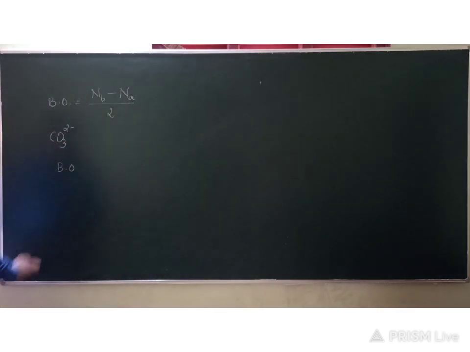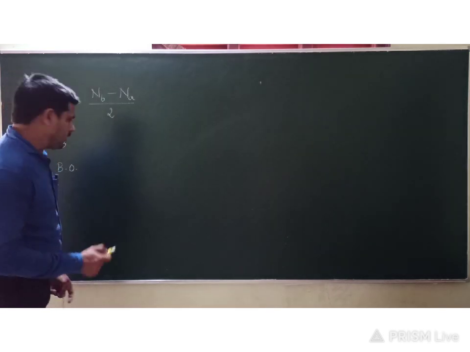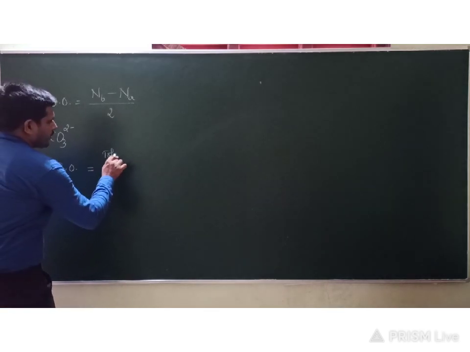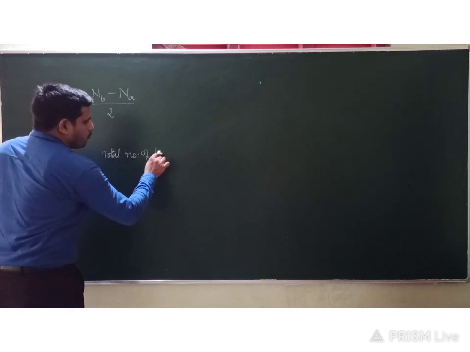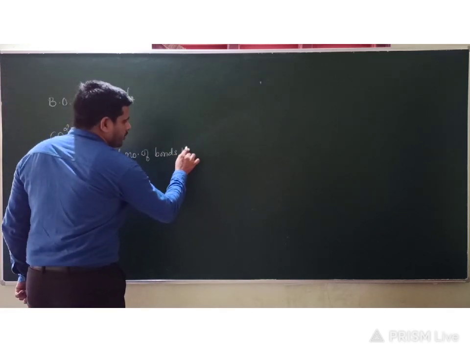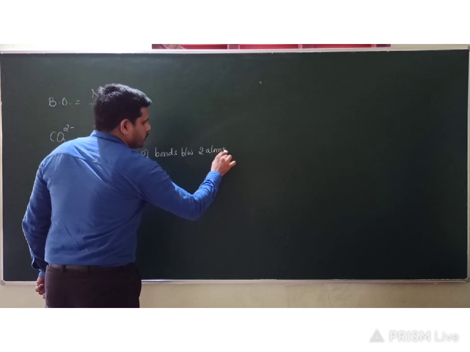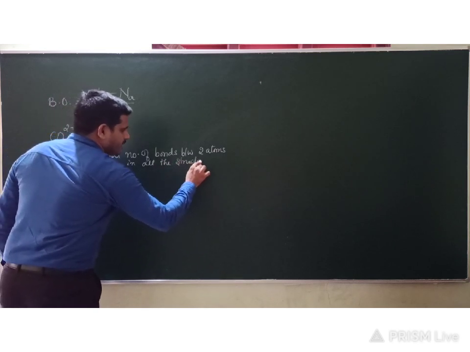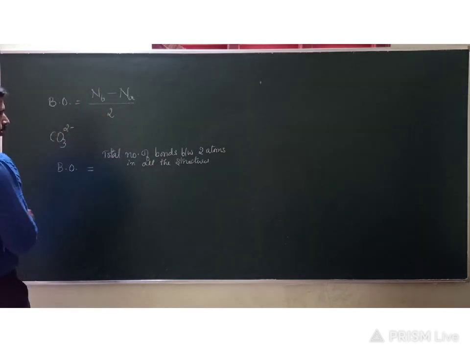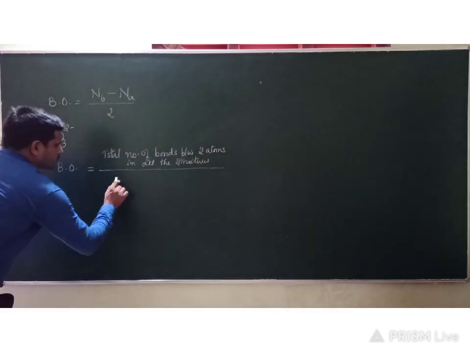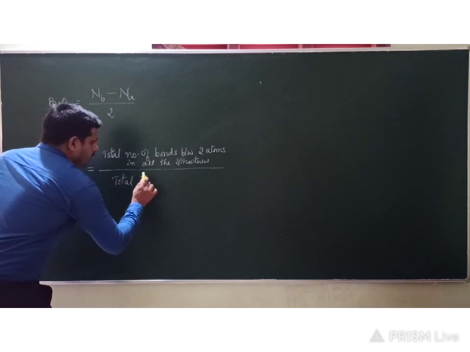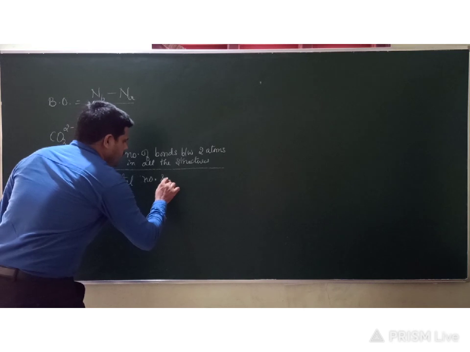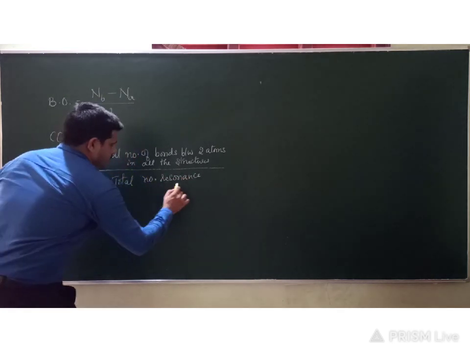Bond order in such cases where resonance is taking place is given by this formula: bond order is equal to the total number of bonds present between two atoms in all the structures, when I say all the structures I mean all the resonance structures, divided by the total number of resonance structures.